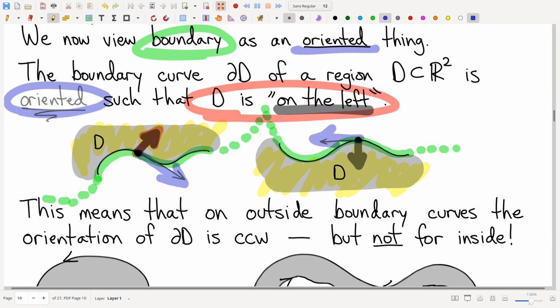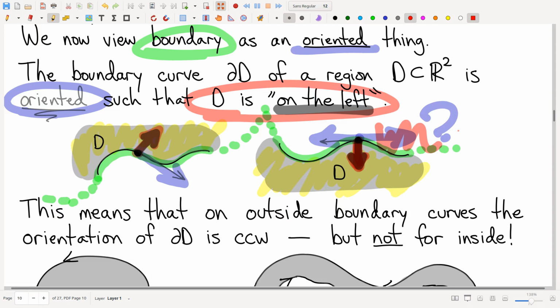Should I go this way or this way? Well, we have to go in such a way that the region is on my left. And which one of these two options describes the direction I should go in order for this to be my left? Well, if this is my left, then I'm unavoidably going that way, because if I went this other way, the region would be on my right.